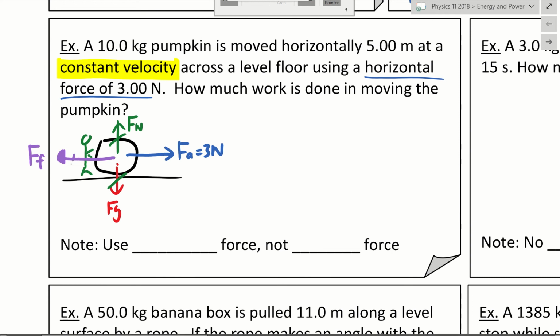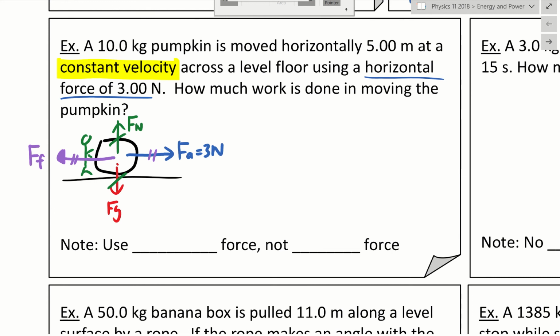Okay, so now there are a lot of forces in here. So which one are we using in order to do our work done? Well, which one is actually provided by the man or the woman? Fa, right? No, the other forces are not applied by the man. Like the force of gravity due to Earth, normal force due to electrons repelling, friction due to the surfaces rubbing against each other on the ground.